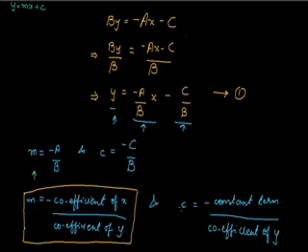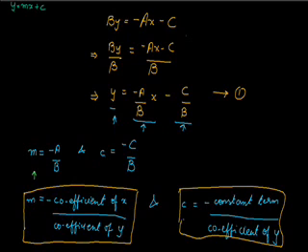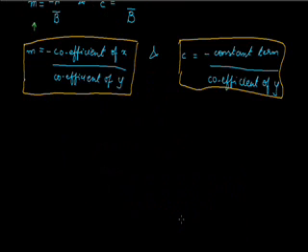Now c over here was the y-intercept. In slope intercept form, in the initial lecture we have seen that c is the y-intercept of the line. Hence c is the y-intercept, and y-intercept of the line is equal to constant term upon coefficient of y. So these are the two formulas which we formulated with the help of this derivation.